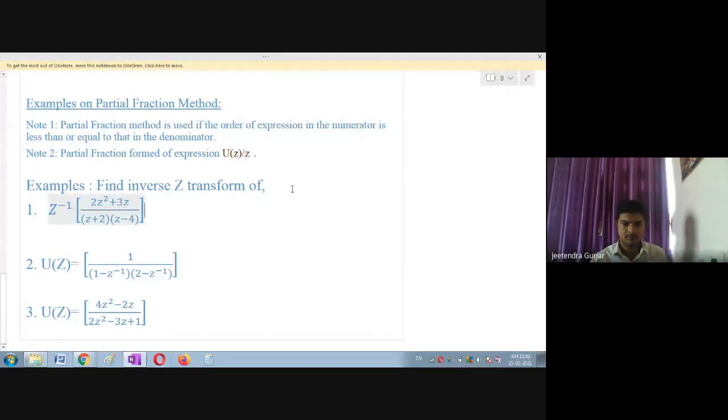Okay, keeping this in your mind, we will simplify the inverse Z transform of Z inverse of (2z squared plus 3z) divided by (z plus 2)(z minus 4), students.